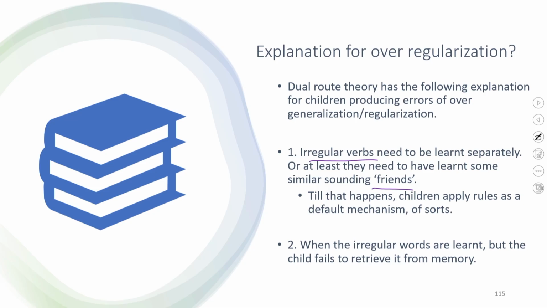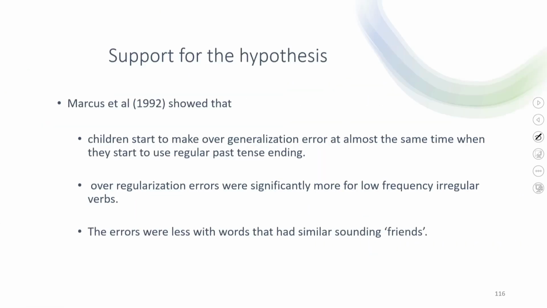That is one. And then when the irregular forms are learnt but the child fails to retrieve them from memory, this is another case where there might be the use of over generalization, the use of the rules where they do not apply. Now, there are many studies that have found proof for this theory, or let us say they support the hypothesis.